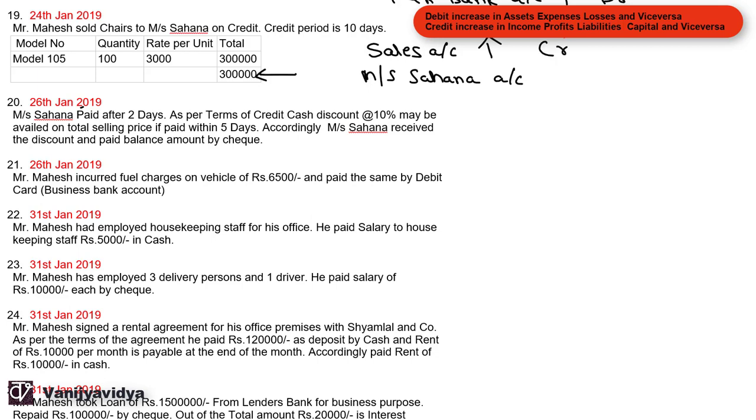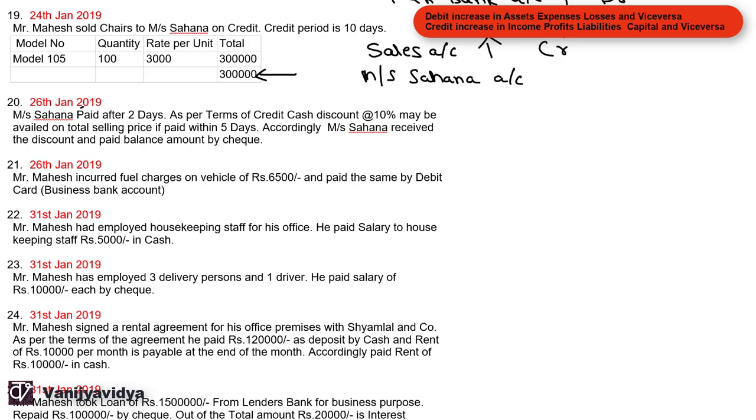So we have to credit sales. Now we are selling it on a credit basis. So Messrs. Sahana are obliged to pay us for the goods sold. So we are obliged to receive from Messrs. Sahana. So Messrs. Sahana is an asset, or it is also known as debtors or accounts receivable.